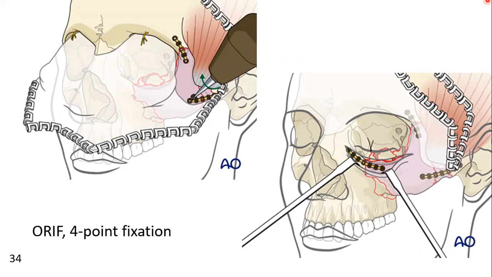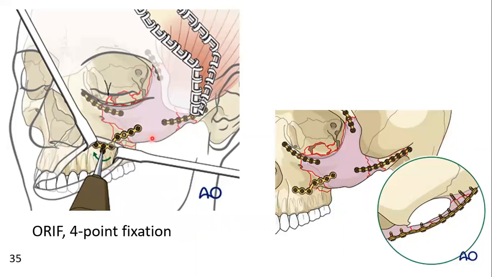In this fracture, the reduction and fixation of the zygoma, including the zygomatic arch, orbital rim, and zygomatico-maxillary buttress area, should be performed first.